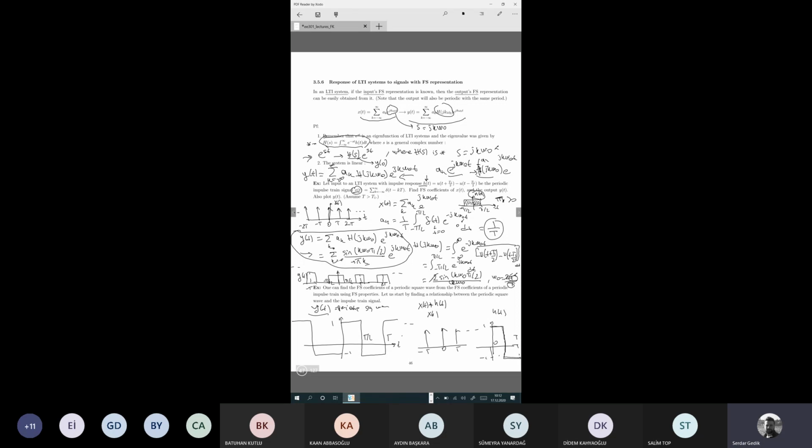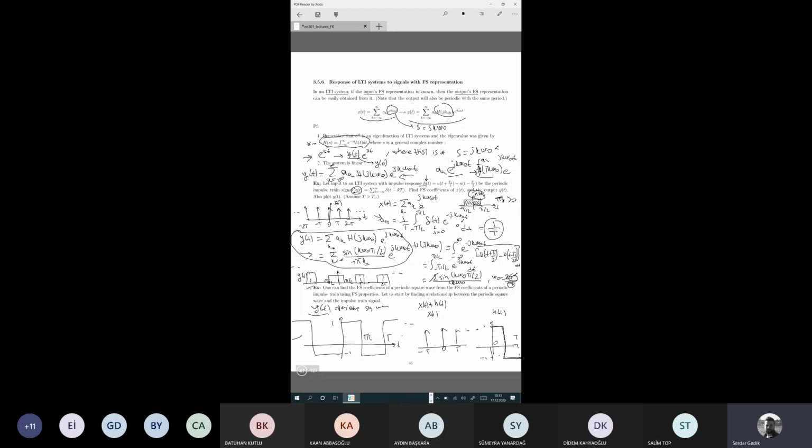Well, by using the above property, if you can calculate H(jk omega 0), then you can easily find the Fourier series coefficients for the periodic square waveform. Well, of course, you can do this by using the direct analysis equation. So you can integrate to find a_k over a period, as we have done here for x(t).